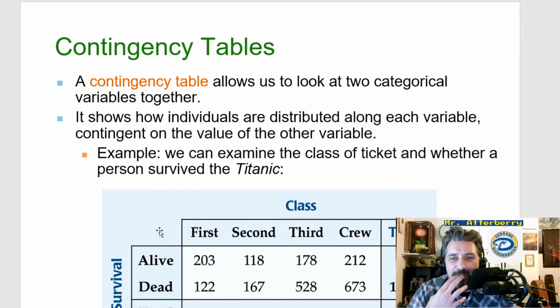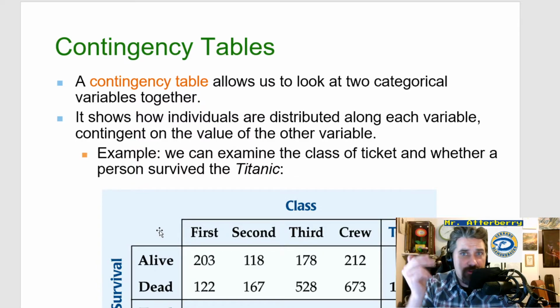For class, there were 325 first class, 285 second class, 706 third class, and 885 crew. If you add left or right or up or down, it shouldn't matter, it's the same data set.